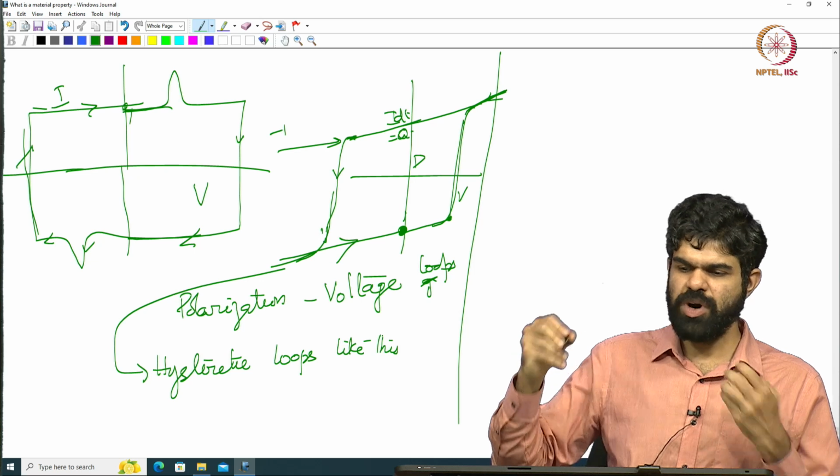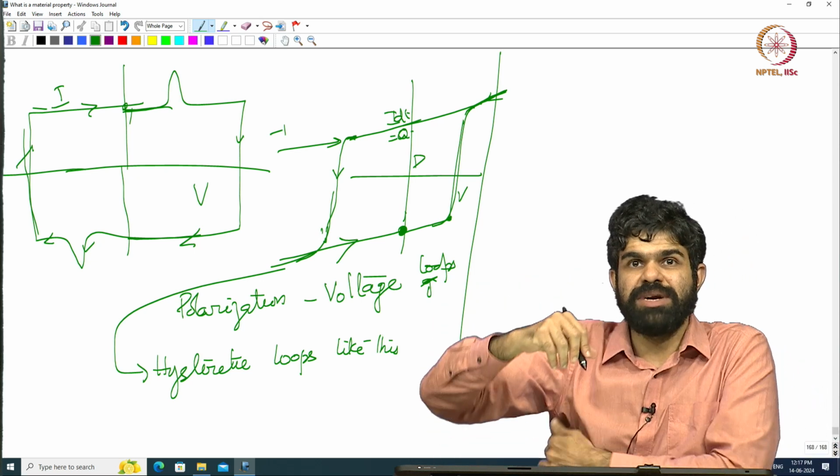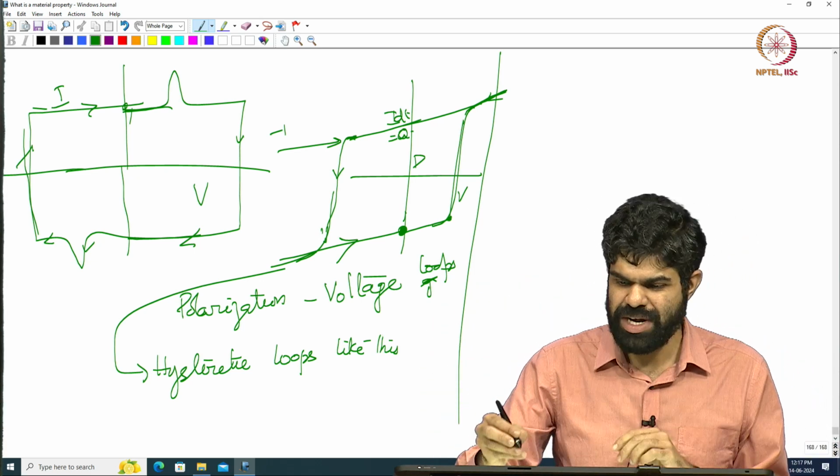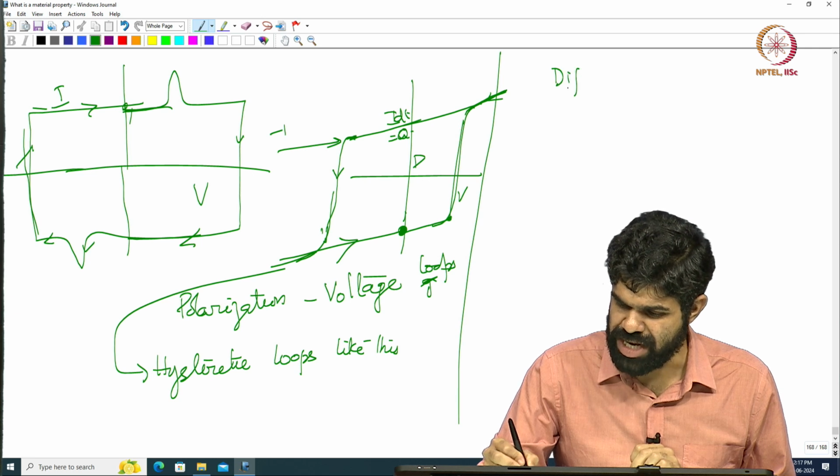Now, the point is, this is the experiment, and in this experiment it is difficult to control charge.